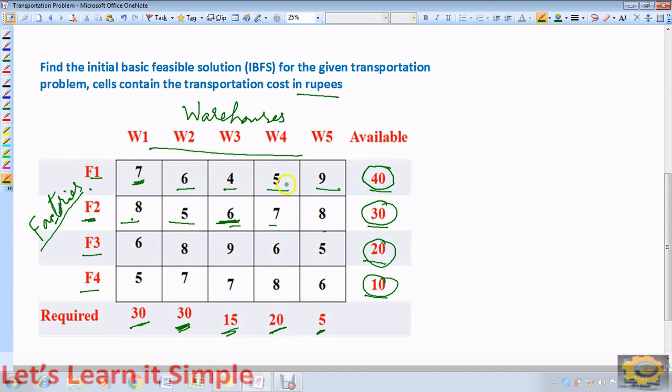That is, we need to satisfy the supply as well as the demand. This is the supply from the various factories and this is the demand of the warehouses. We need to satisfy demand and supply in such a way that the transportation cost is minimum.